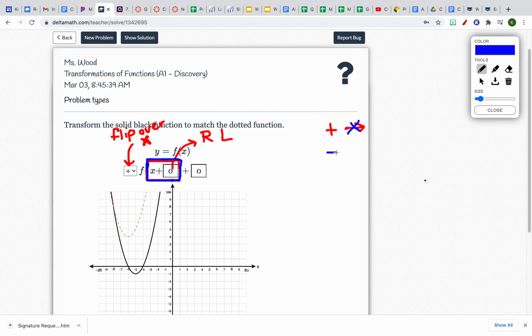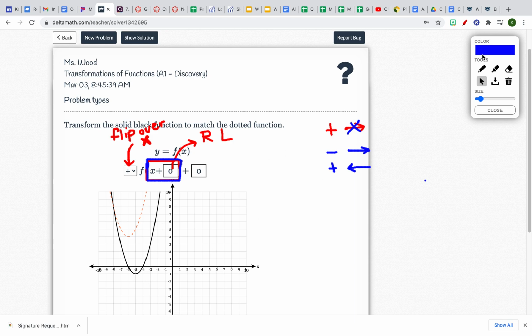So a negative moves it to the right, and a positive moves it to the left. There's a very long explanation for it, but just trust it.